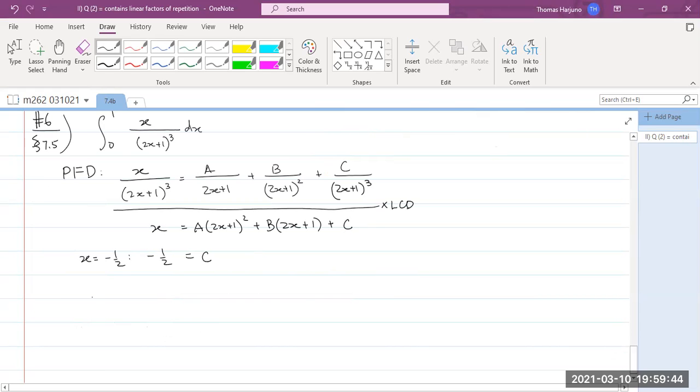Okay, then let's say when x equals 0, I get 0 equals a plus b plus c. Doesn't really help, huh? I know c is -1/2, so 0 equals a plus b minus 1/2, so a plus b equals 1/2.